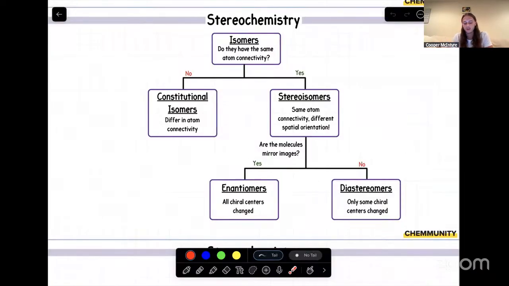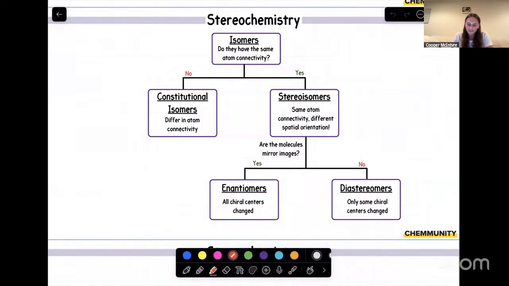And the next question I want to ask myself is, are those molecules mirror images of each other? More specifically, another way we can ask that question is seeing if all the configurations in that molecule changed or not. So if the molecules are mirror images, then we are looking at enantiomers.